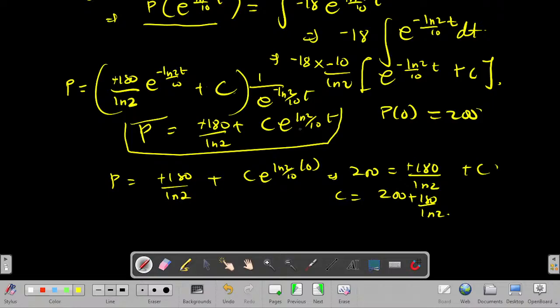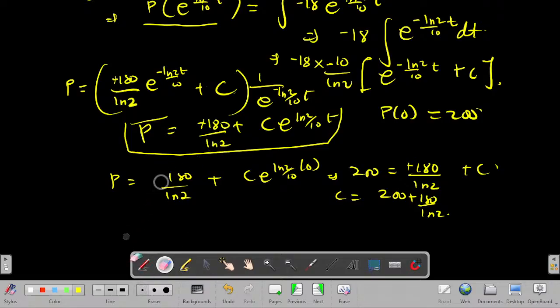So meaning that this side, if this is positive, then my c here will take this there, right? So it's going to be subtracting here, I'm not going to add. When I put 0 here, everything here becomes 1. So to find c, c becomes P minus 180 over ln 2. Good. So I just take this out.